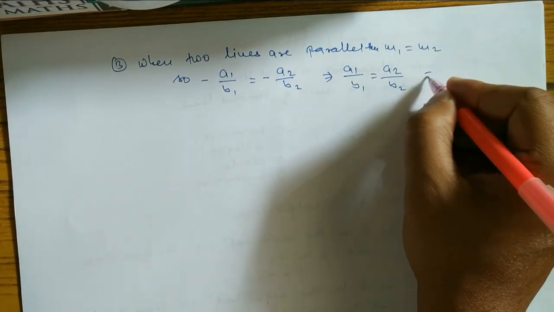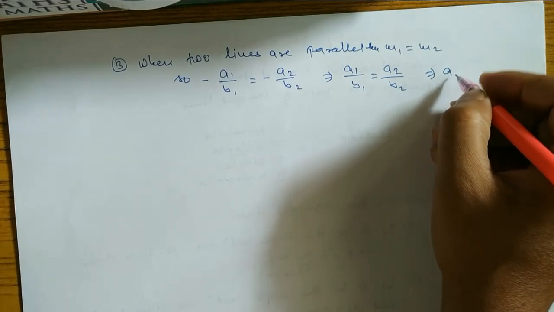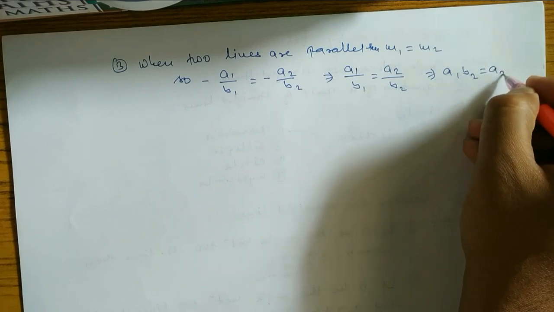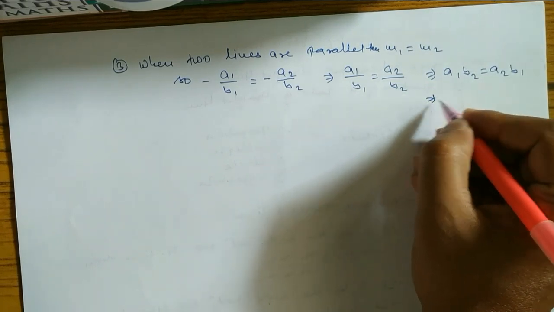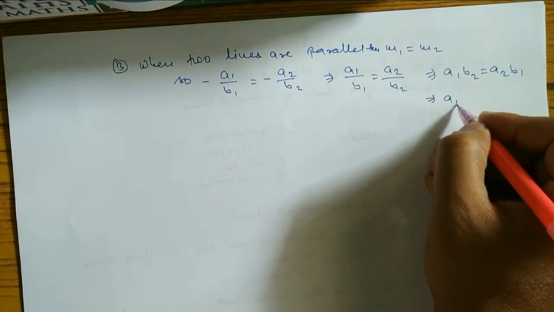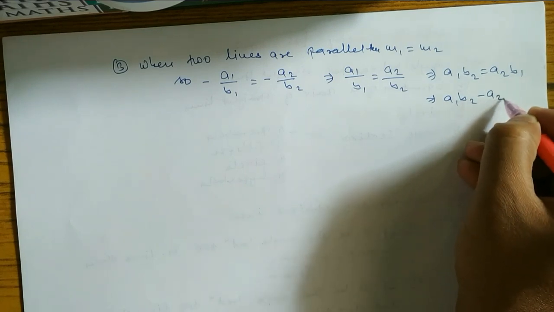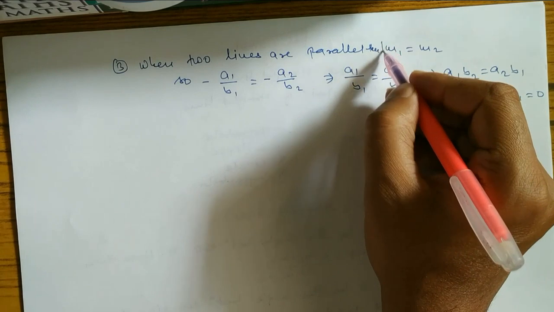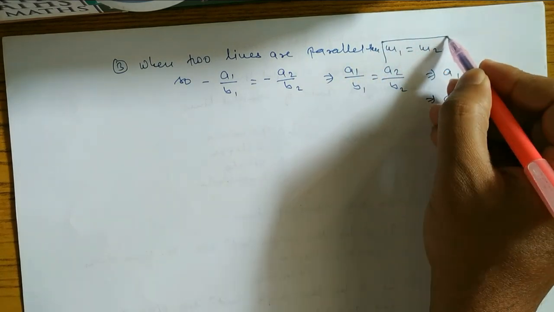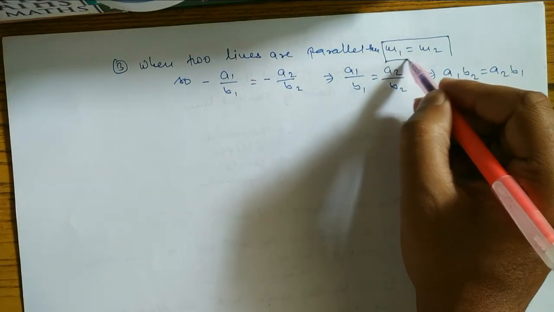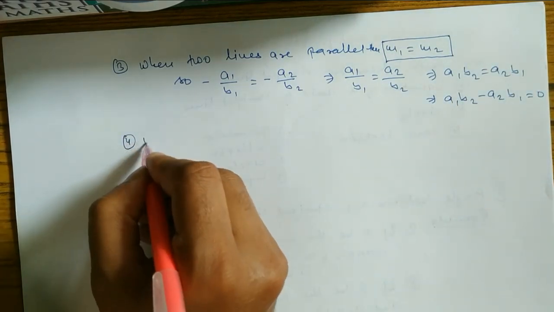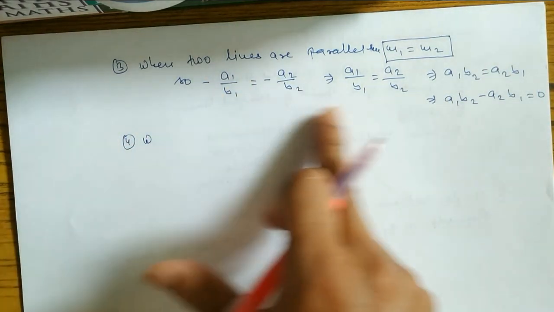When you cross multiply, what do we get here? a1 b2 is equal to a2 b1, or you can write this in the form a1 b2 minus a2 b1 is equal to 0. Just you have to remember this thing. When two lines are parallel, then slopes are equal, m1 is equal to m2. In number 4, I just showed how to do this.